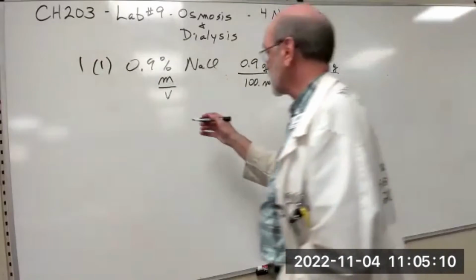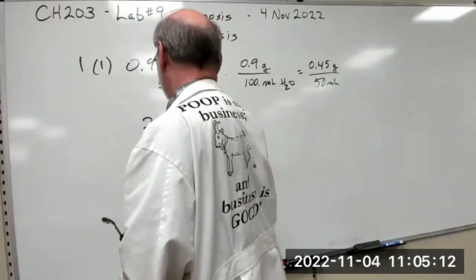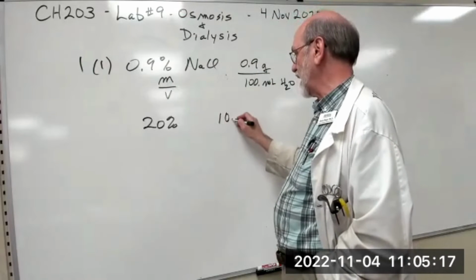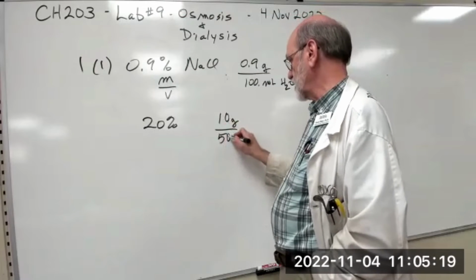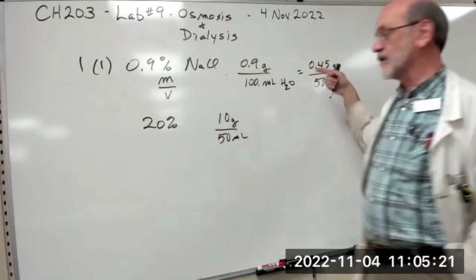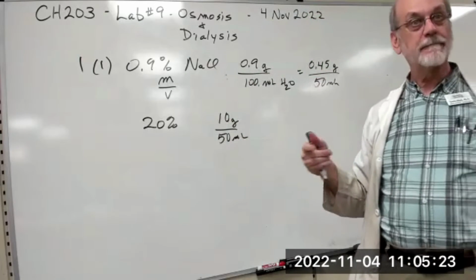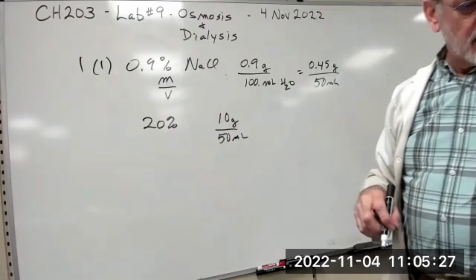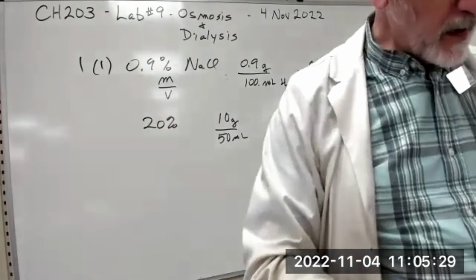Our hypertonic solution is going to be 20%. Right? In 50 milliliters, so that would be 10 grams per 50 milliliters. For the same reason as this one. Okay? We don't have to do the other.